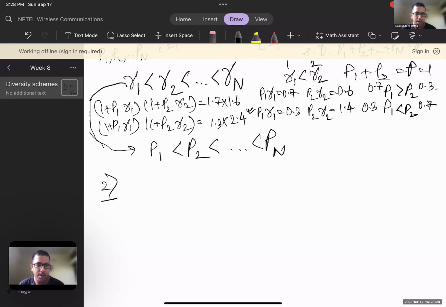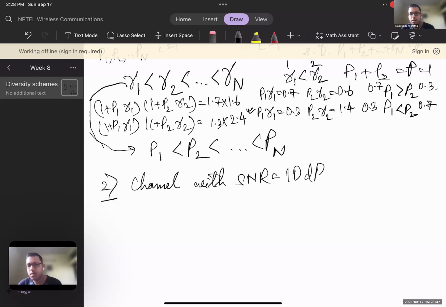So similarly, regarding channel capacity, there is another question, a very simple straight formula. Let's say you are provided a channel with SNR equal to some value, let's say 10 dB.